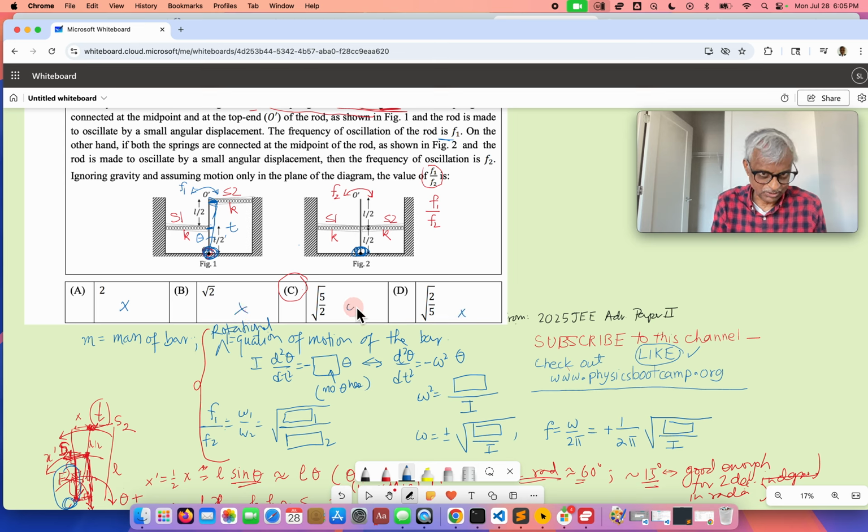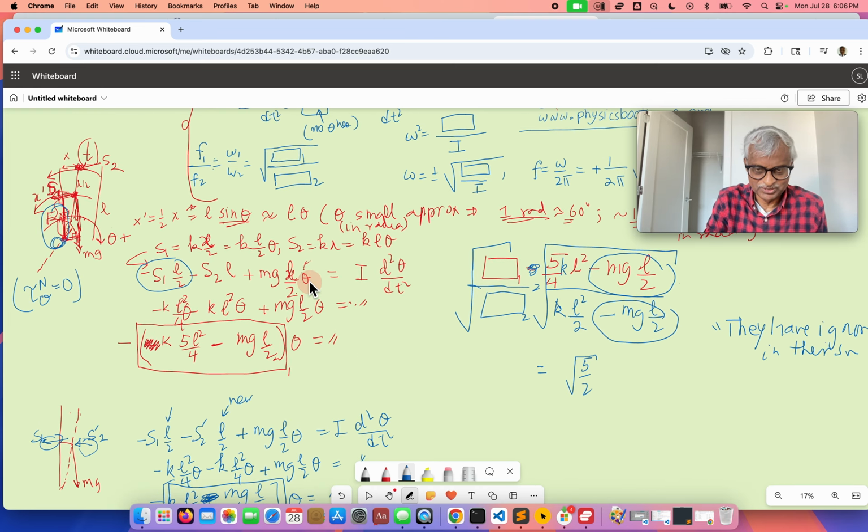This is the closest one that comes if you ignore gravity. Oh, it says ignore gravity. I kind of missed that. So sorry about that. If you ignore gravity, they didn't make a mistake.